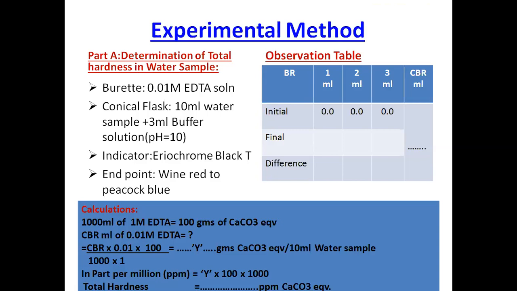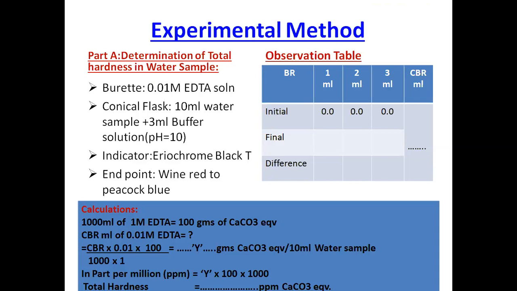With the help of this simple equivalence relation, we can calculate the amount of hardness. That is, hardness is equal to CBR, whatever your constant burette reading is, multiplied by the molarity of EDTA, then the equivalent amount of calcium carbonate, that is the molecular weight of calcium carbonate, divided by 1000, that is the amount of EDTA, is equal to Y, the hardness value in grams of calcium carbonate equivalent for 10 ml.